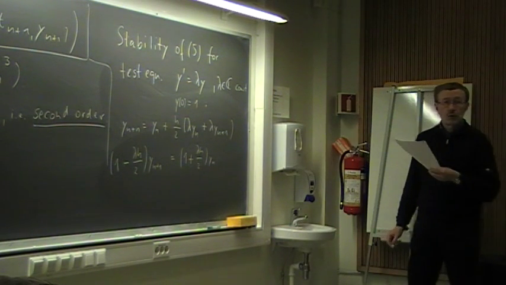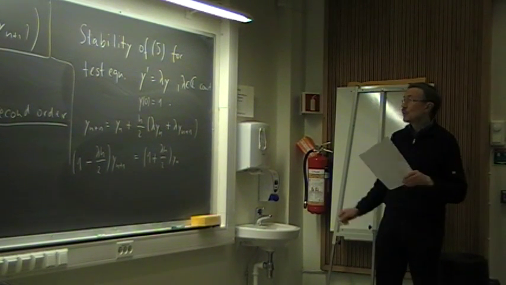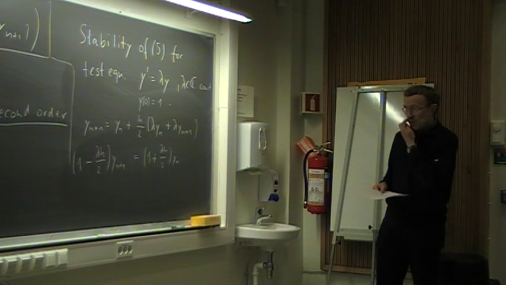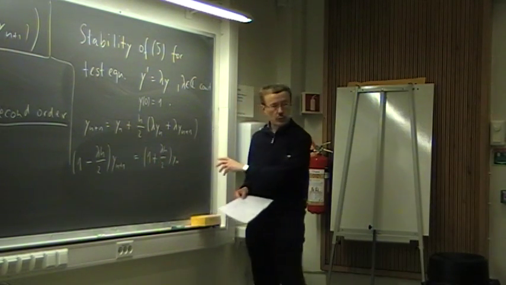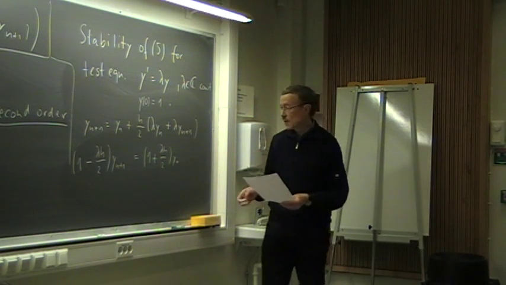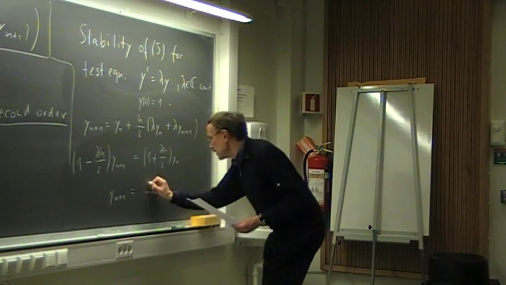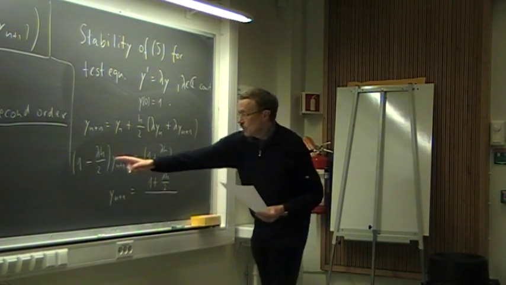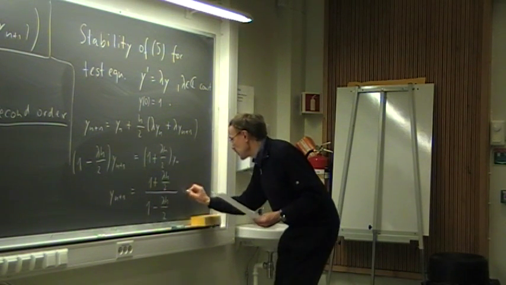And that is also what you're going to do in exercise 3 for the first problem there. First you write down, it's a little bit more complicated, but just a little bit, that ODE that you have there, but then you collect everything unknown on the left-hand side, like here, everything known on the right-hand side. And then we see immediately that we can express the yn plus 1 as, when we divide by the 1 minus lambda h half, it's 1 plus lambda h half divided by 1 minus lambda h half times yn.